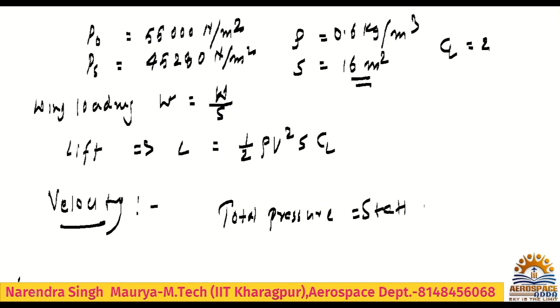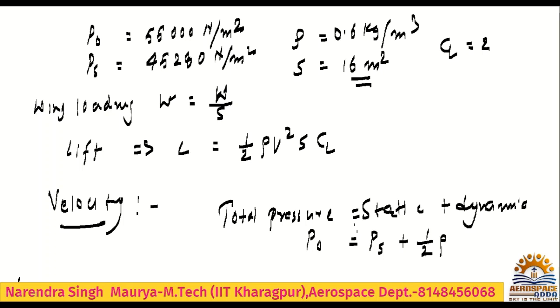Static plus dynamic. Yes or no? So we can write P naught is equal to static PS plus dynamic half rho V square. So from here you can calculate velocity.